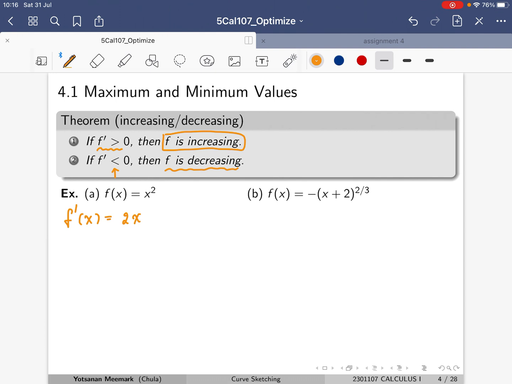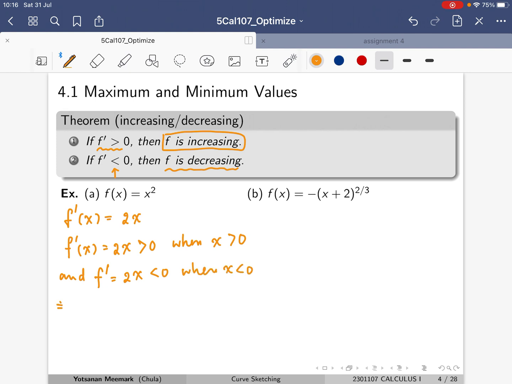So for example, if you look at this one, you see that your f prime is 2x. So f prime, which is 2x, is positive whenever your x is positive, and negative whenever your x is negative.